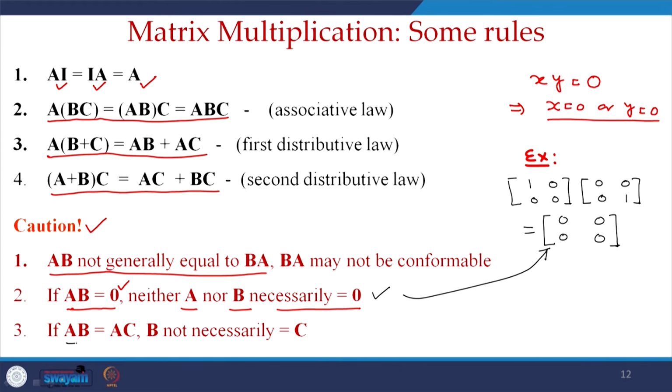If AB equals AC, then it may happen that B is not equal to C. That is, if you are having real numbers and you are saying that alpha x equals alpha y, and alpha is non-zero, then we will say that x equals y. So, here if AB equals AC, it may happen that B is not equal to C.